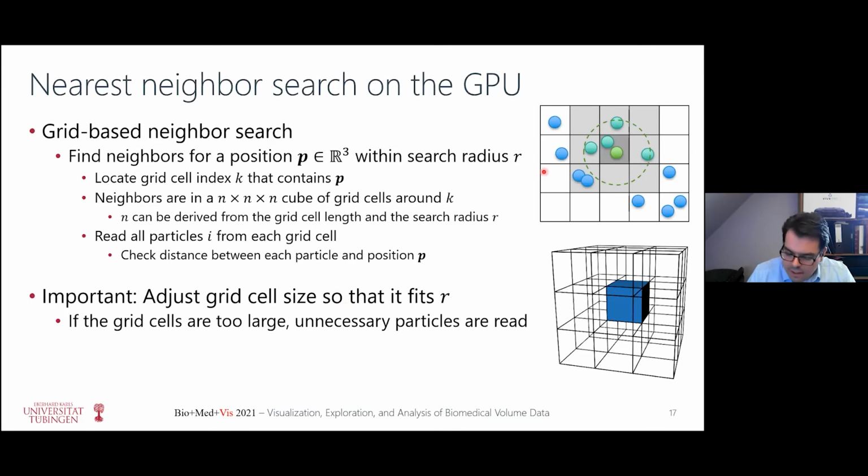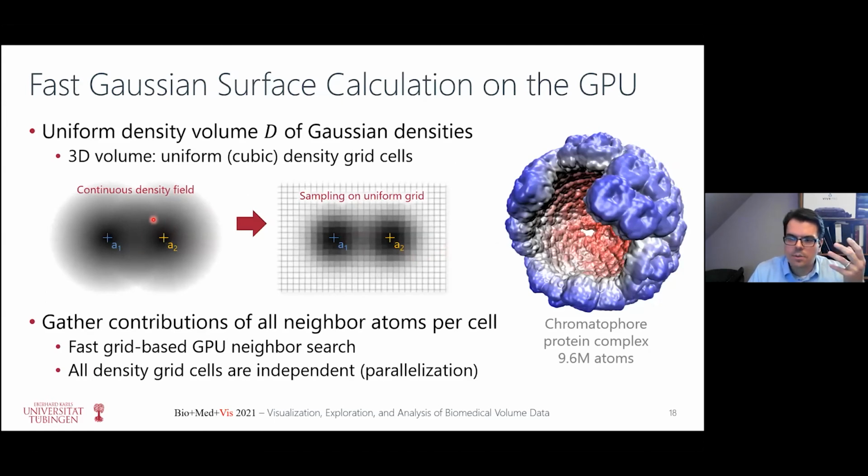In the end, if we have a point in space, we can use this fixed radius to very quickly find all the atoms, all the particles that are within this cutoff radius, and then we can use this to compute our density volume. So after we have this data structure for fast neighborhood finding, we compute this continuous density field. We again do this, of course, on a 3D grid.